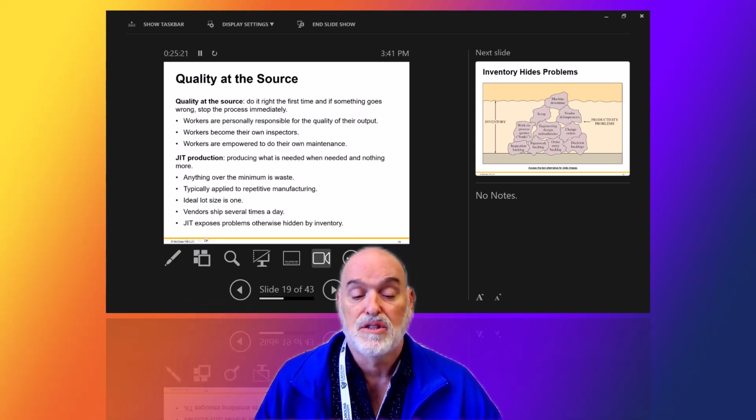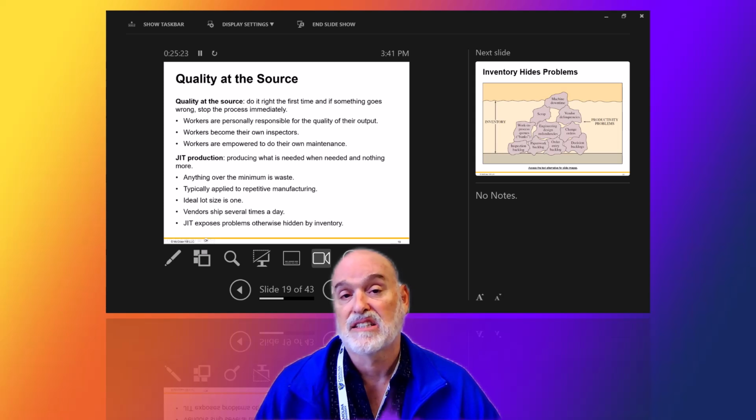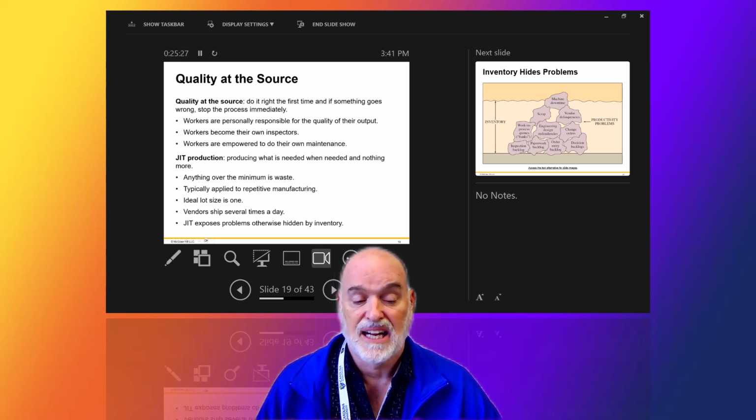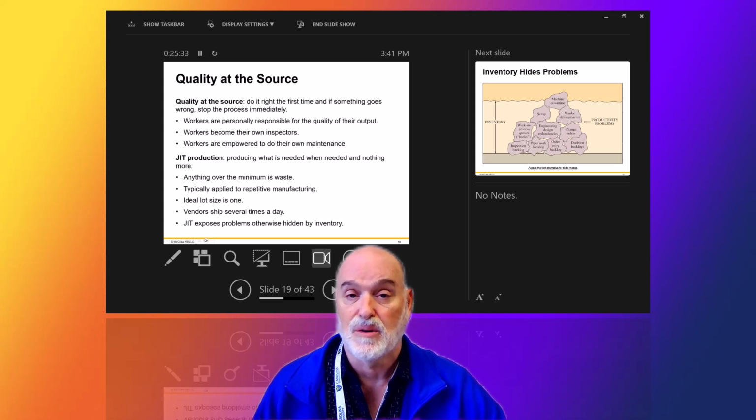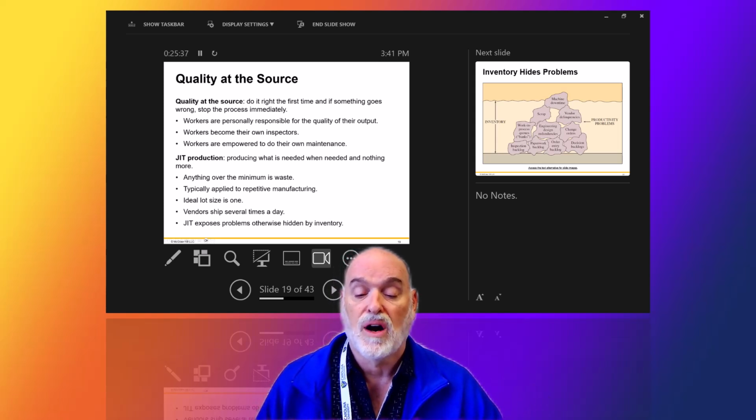It's typically applied to repetitive manufacturing or manufacturing that is producing high quantities of product. Ideal lot size is 1. Vendors actually come in and ship several times a day, so it's continuous. JIT exposes problems otherwise hidden by inventory. How does JIT expose problems otherwise hidden by inventory?